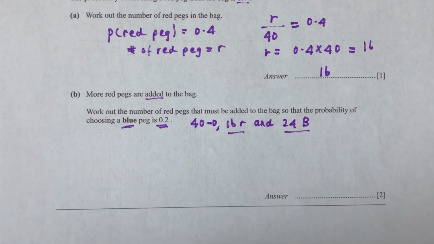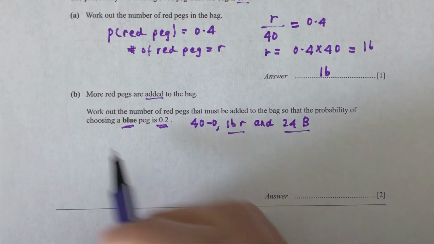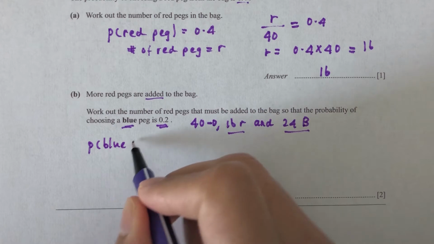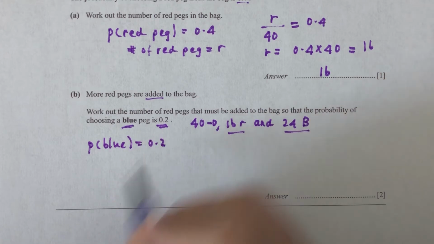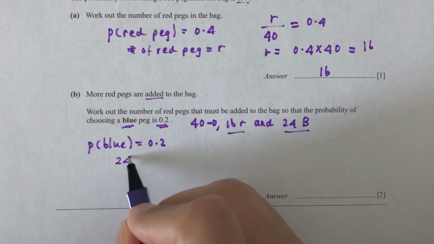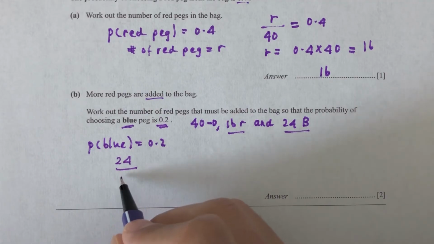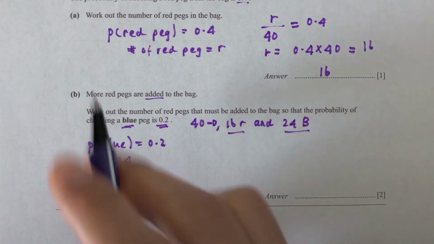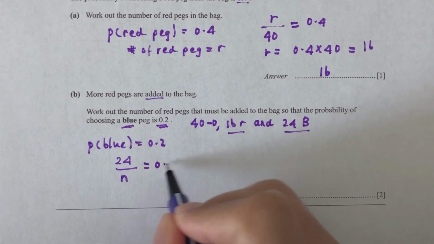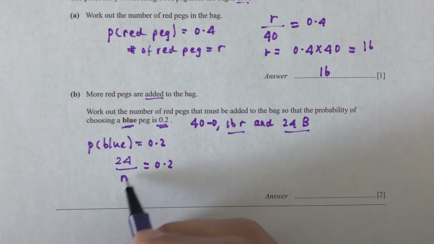So we are given that the chance of choosing a blue is 0.2. So the blue is the same. So blue is 24 over n, which we don't know anymore because we have added some new red pegs, is equal to 0.2. So how do you find n?